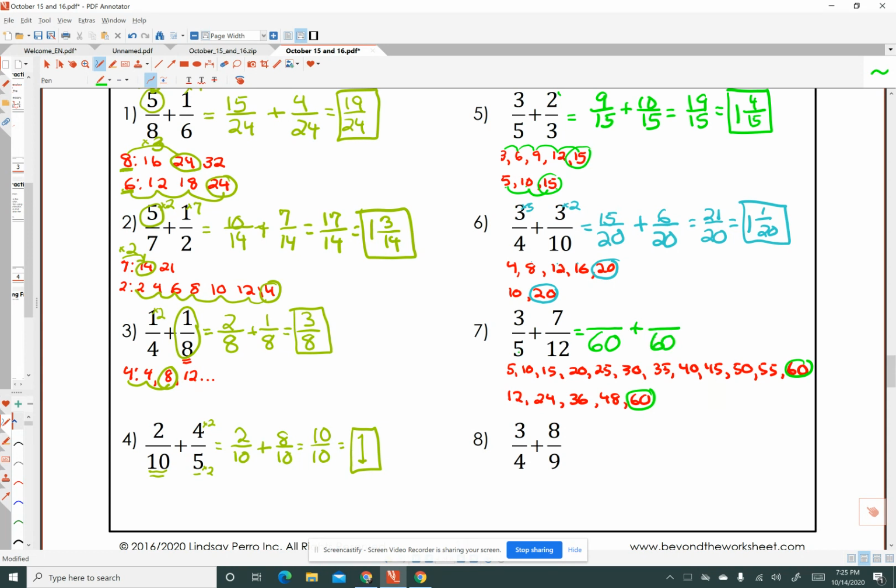And how many 5s are in 60? 1, 2, 3, 4, 5, 6, 7, 8, 9, 10, 11, 12. We multiply 5 times 12 to get to 60, so we'll multiply 3 times 12, which would be 36. And we multiply 12 times 1, 2, 3, 4, 5.